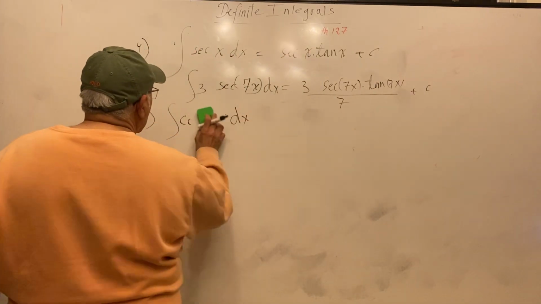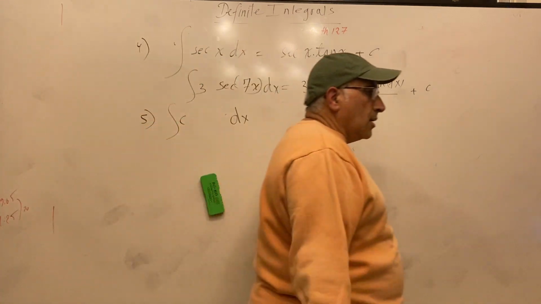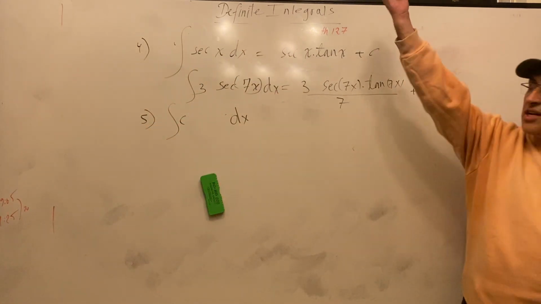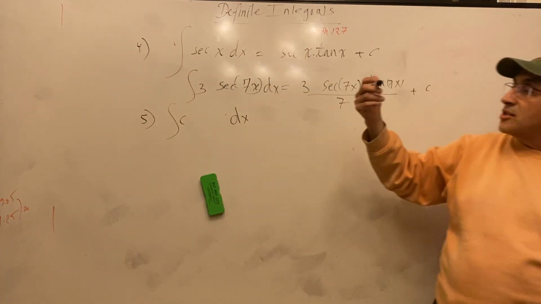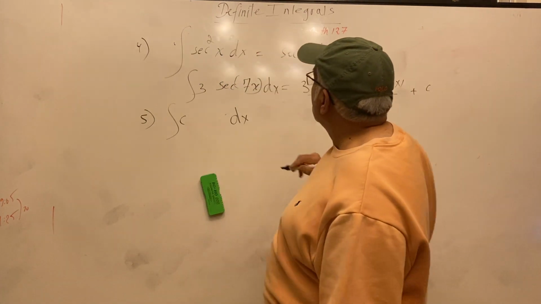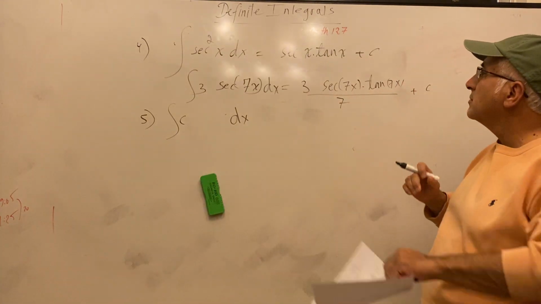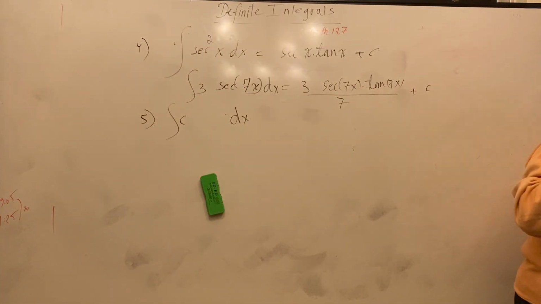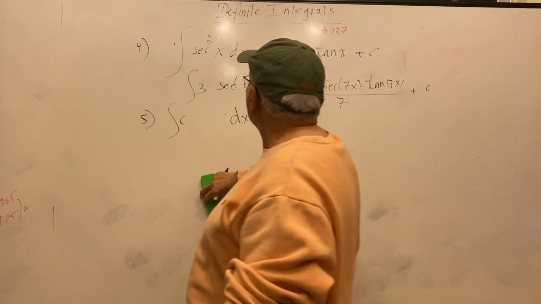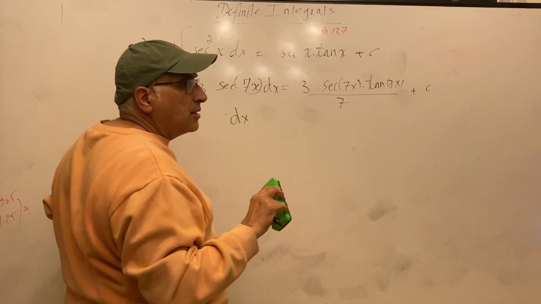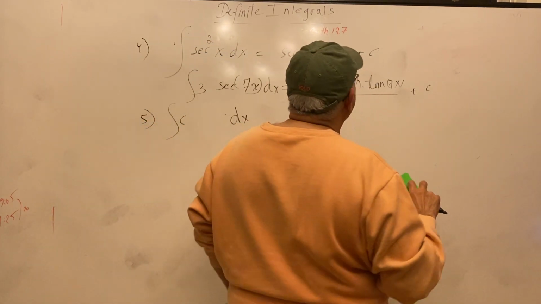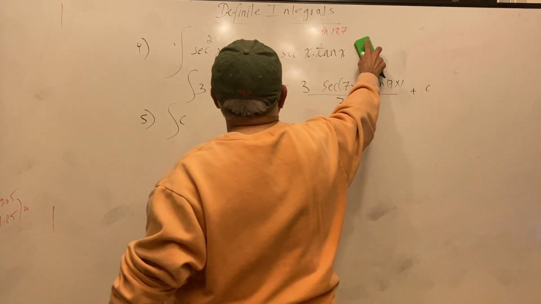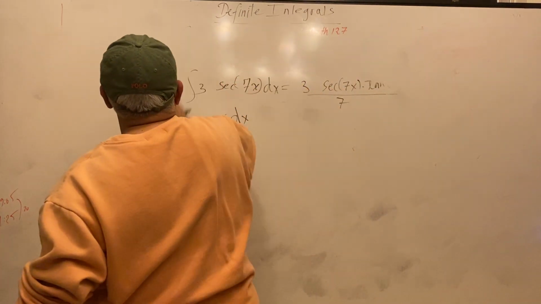We have something here called cosecant square. We have secant here, sorry, that's supposed to be secant square. So what's the integration of secant square? It's tangent, we know it. So the integration of secant square is tangent. Now, what's the integration of secant? Let's not confuse anybody. All right.